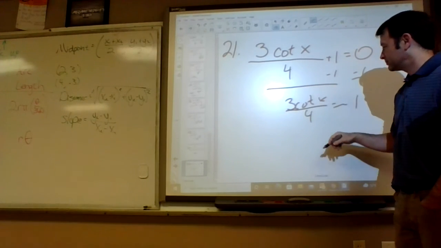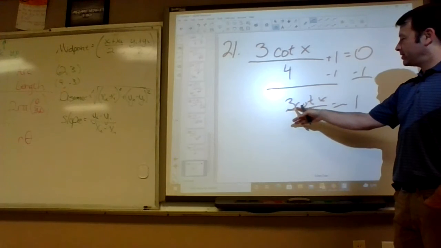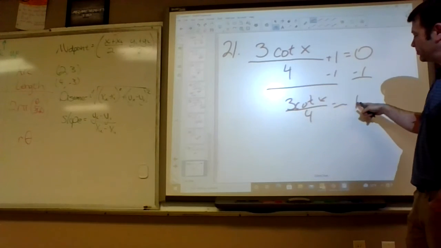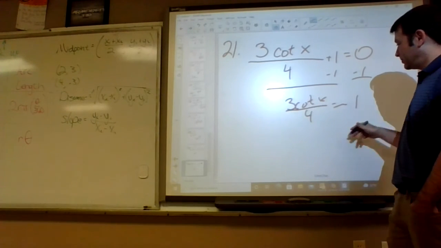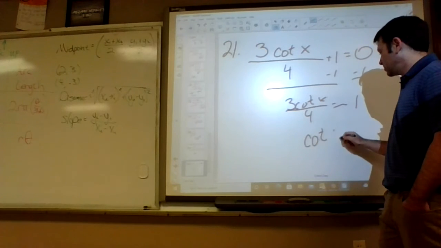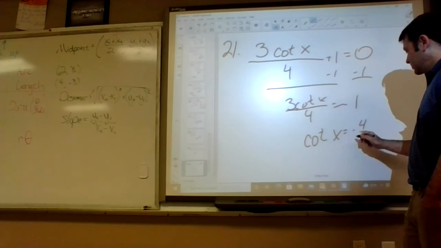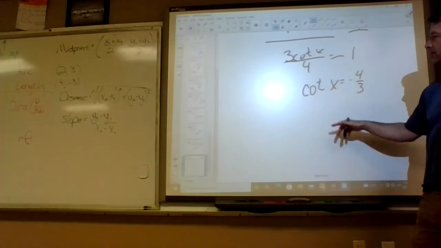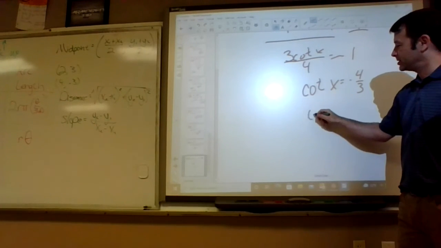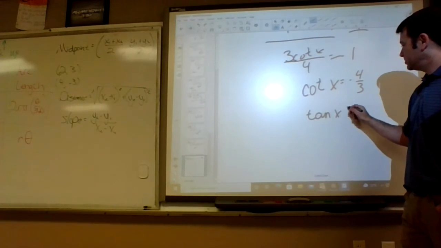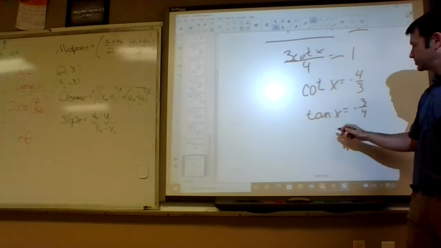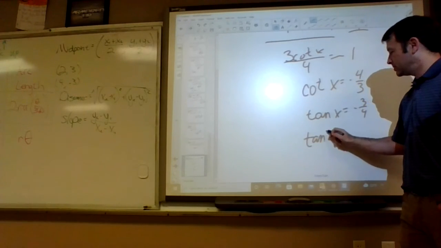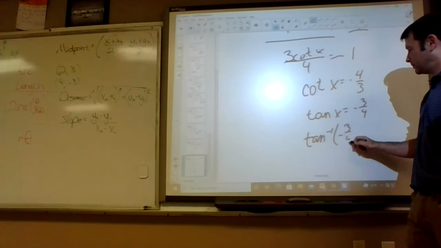If you multiply by 4, that's negative 4. Divide by 3 is negative 4/3. Whenever you do inverse stuff, flip it upside down, so this becomes tangent equals negative 3/4. So we need to do tangent inverse of negative 3/4.